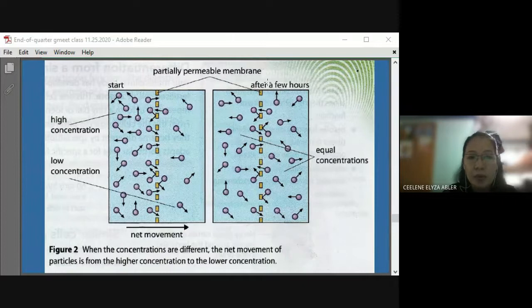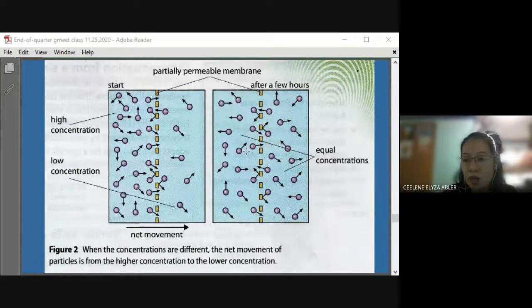Okay, so you have here also, after a few minutes or a few hours, most likely minutes for you, class, because the time you will google for that experiment is short, because it's a mini experiment too. So you have there something to describe as dynamic equilibrium. So what will happen? Where is the movement of the water molecules?